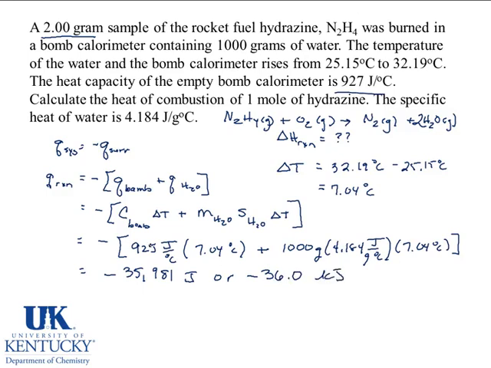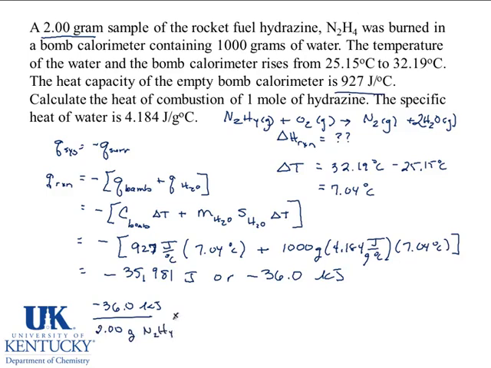That does not look like a 7. I'm going to fix that right there. Okay, so there is the amount of heat that would be generated when 2 grams reacts. So let's write that ratio. This is negative 36.0 kilojoules for 2 grams of N2H4 reacting.